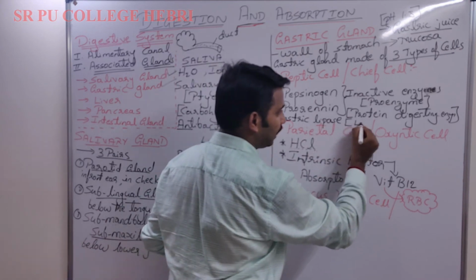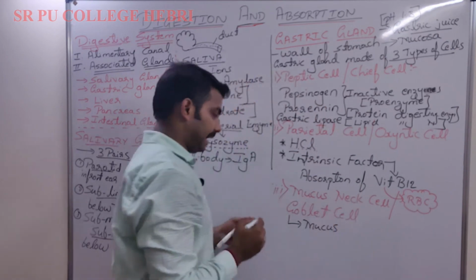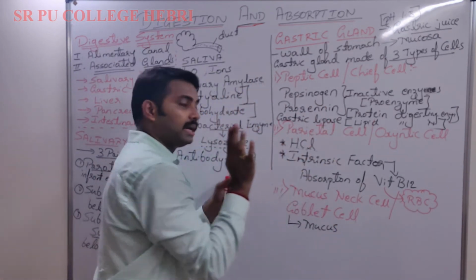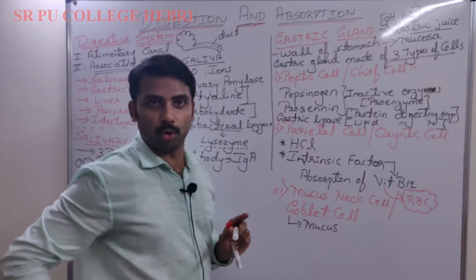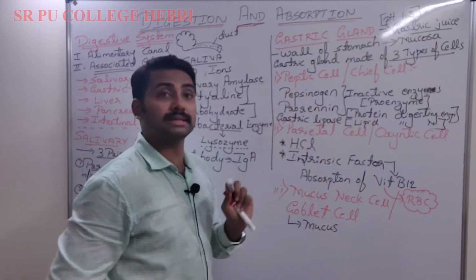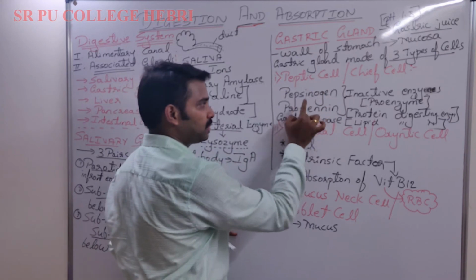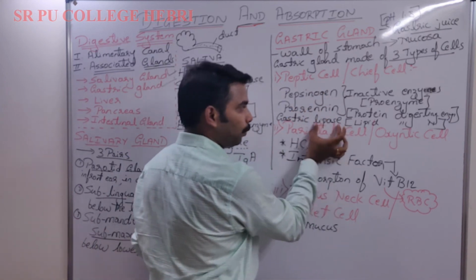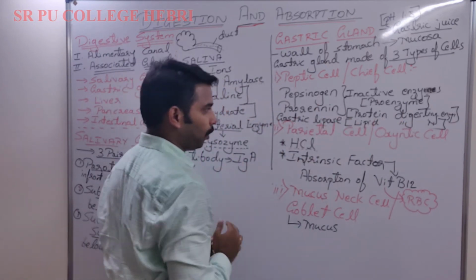Hesare heluva hage, it is what? Lipid digesting enzyme. But at the time of release it is in the active form only. I told you only protein digesting enzymes are inactive. So peptic cell produces pepsinogen and prorenin. Along with that, gastric lipase, which is a lipid digesting enzyme, which is in the active form.